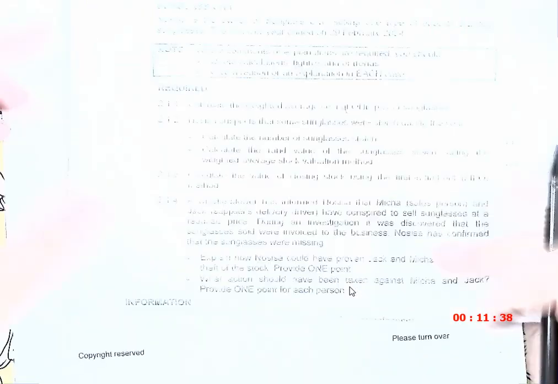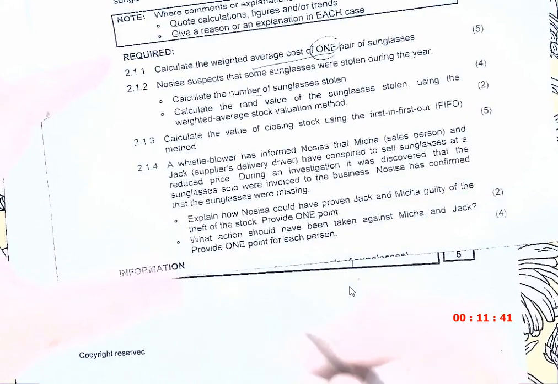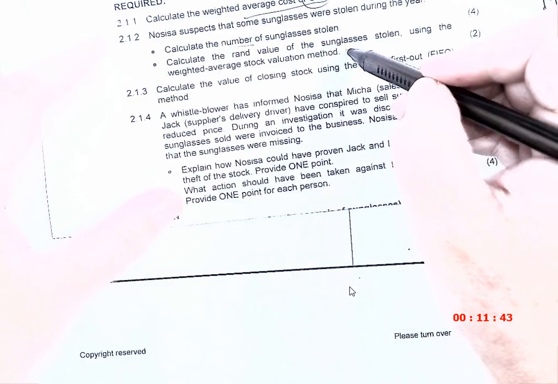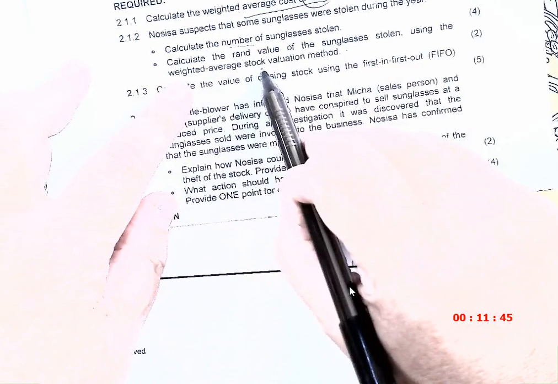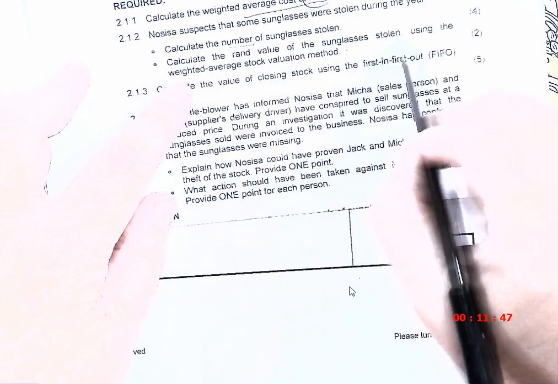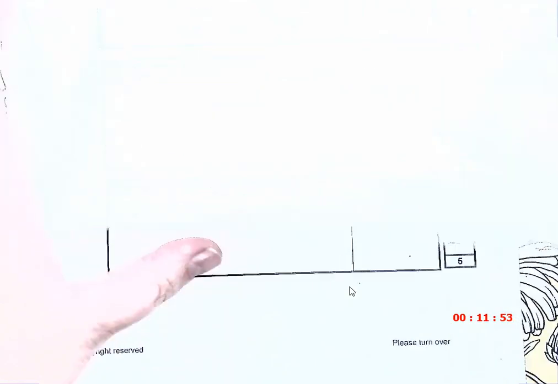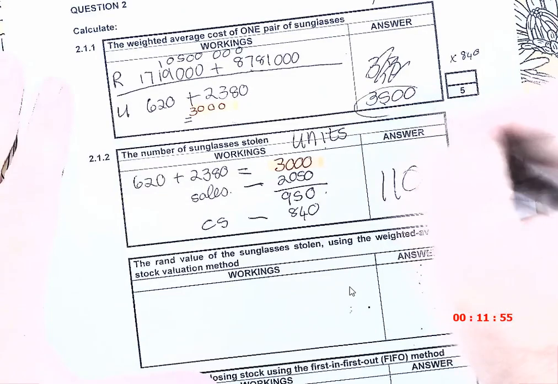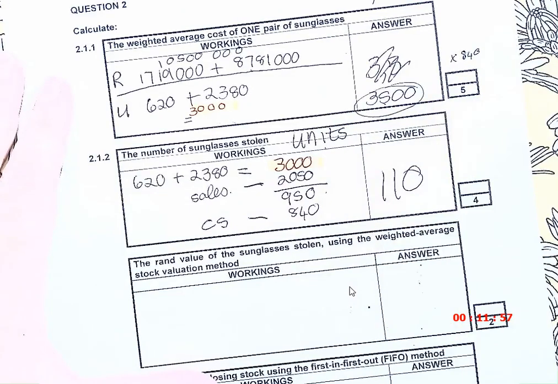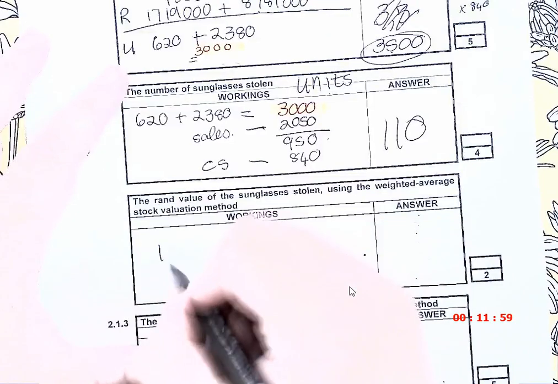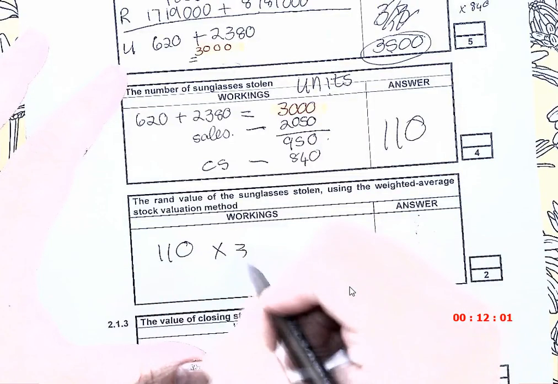Next one, they want to know, so I've done that, 4 marks. Calculate the rand value of the sunglasses stolen using the weighted average stock valuation method. Now we must already calculate the price per sunglass. So you're just going to say 110 times 3.5.